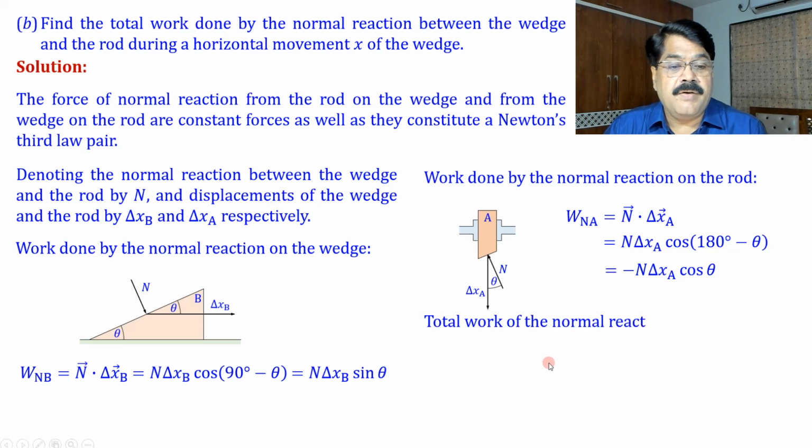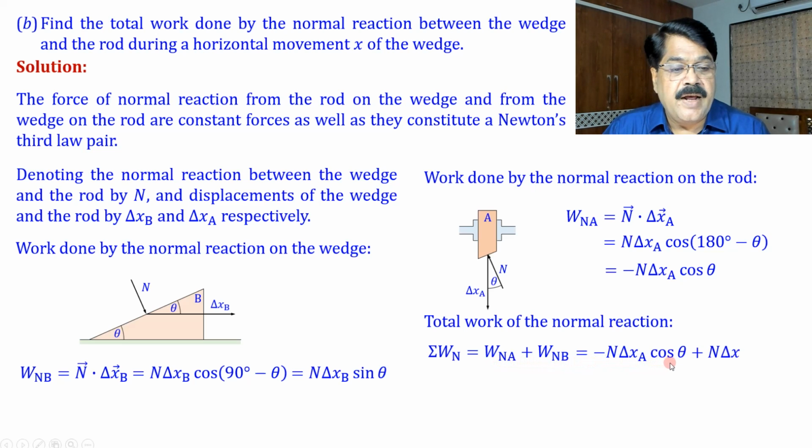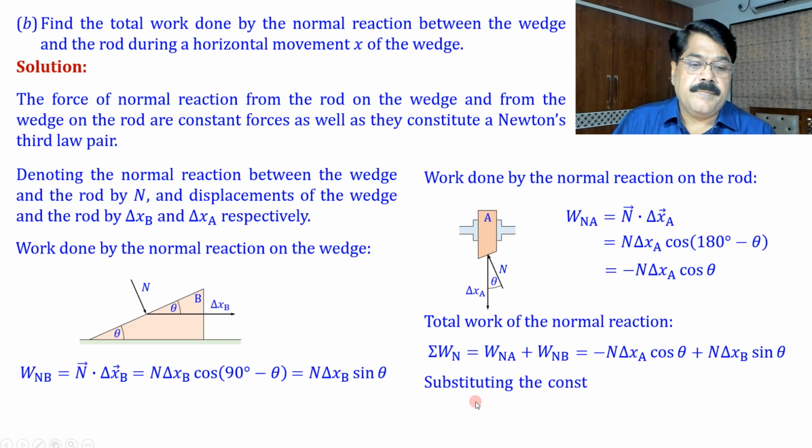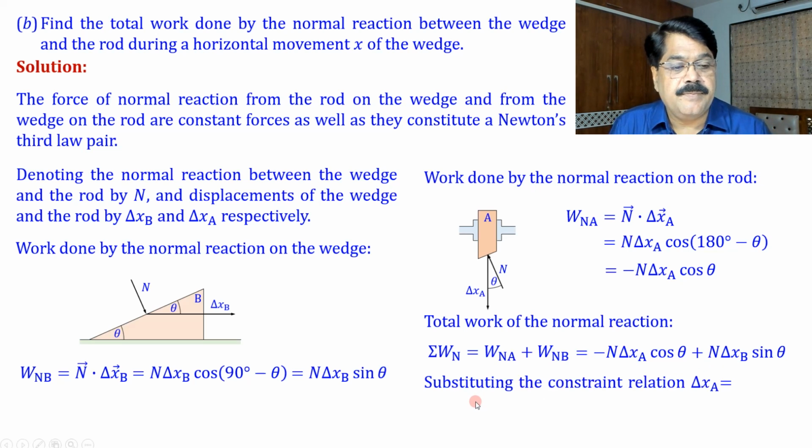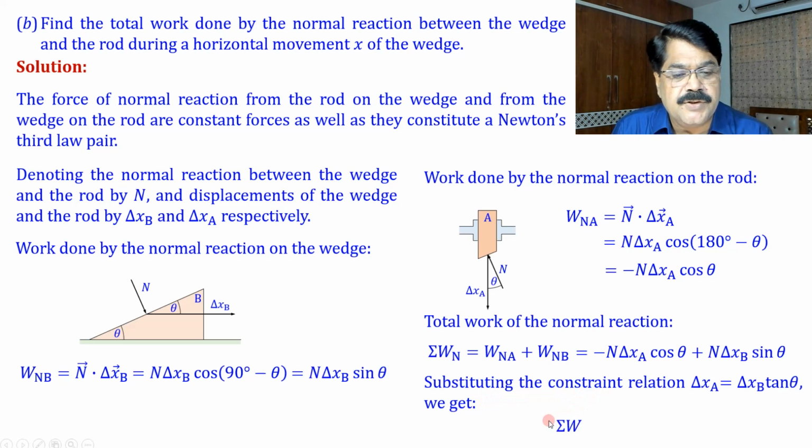Total work of the normal reaction: summation Wn is equal to W_na plus W_nb. That is minus n delta xa cos theta plus n delta xb sin theta. Of course, this first term is minus. Substituting the constraint relation delta xa is equal to delta xb tan theta, what we get? 0. So summation Wn is 0.